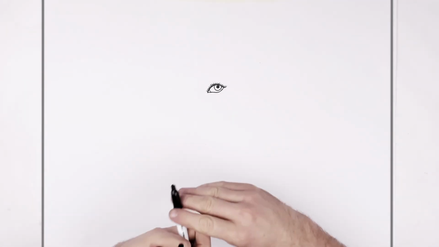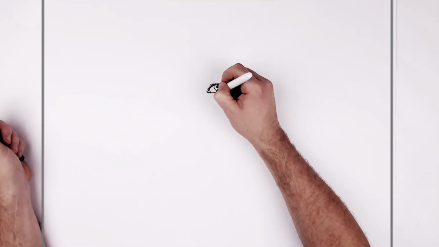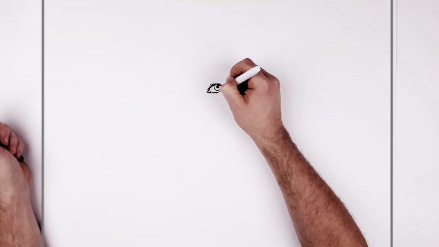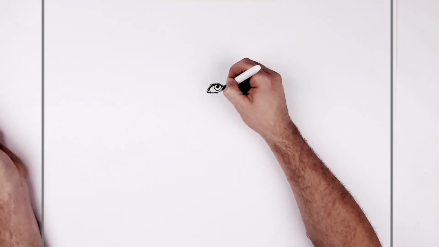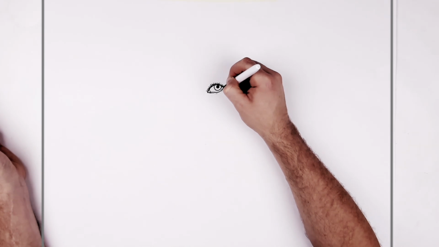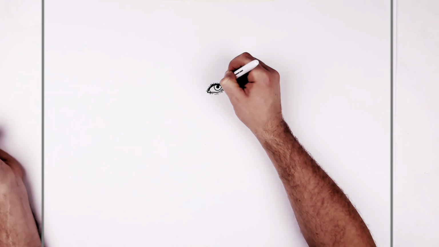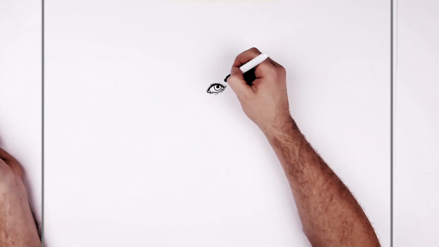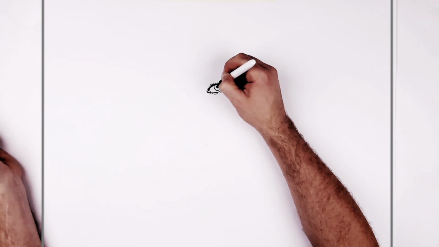So then the bottom eyelash lines are just like dots and dashes, kind of. Right, so like a dash line there. And then there are eyelashes coming down off it here. And this is a real heavy eyelash line.